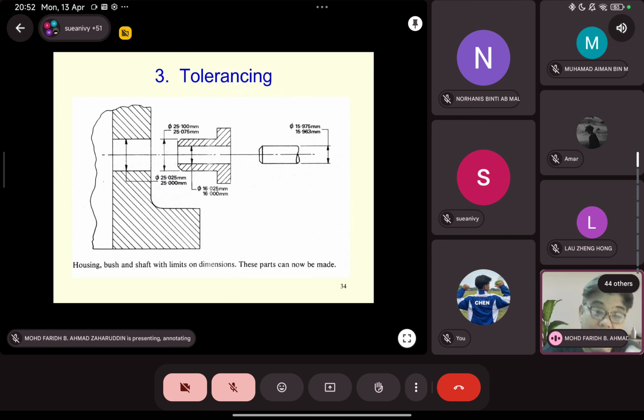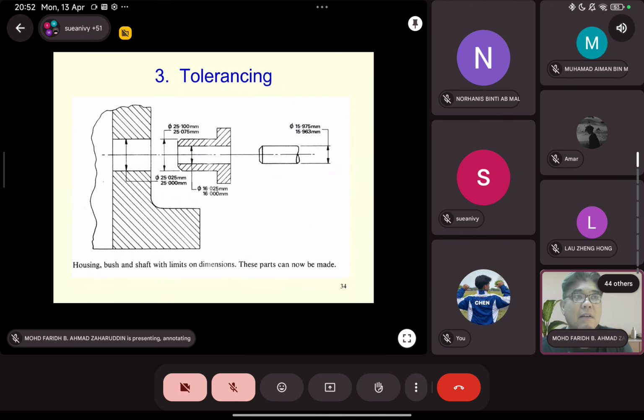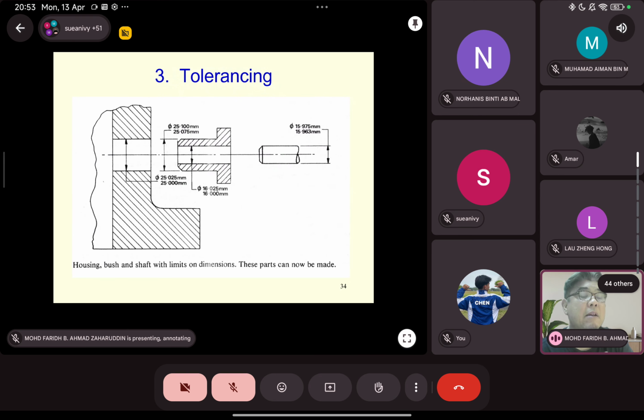Okay. For this question, you will check later, because this tolerance is not simply chosen in this subtopic. We must understand this is limits and fits. It does not depend on us. There is a match between hole and shaft sizes following BS 4500.